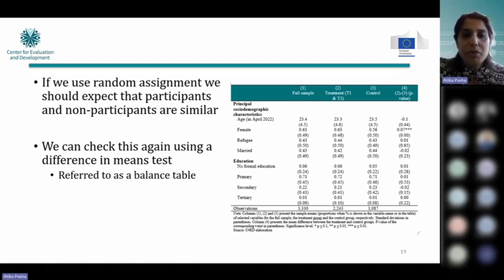The next aspect I wanted to talk about is what happens when we look at the balance table. There was an original balance table that I was showing you. Now, if we were to use the matching method, and as I said, we didn't use random assignment here, but a matching method to define our sample, several of the differences that we originally saw have disappeared, right?